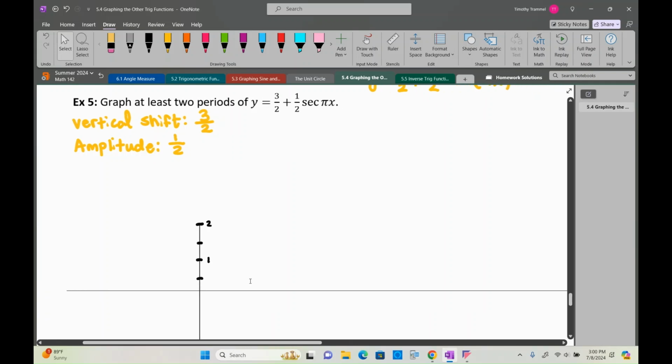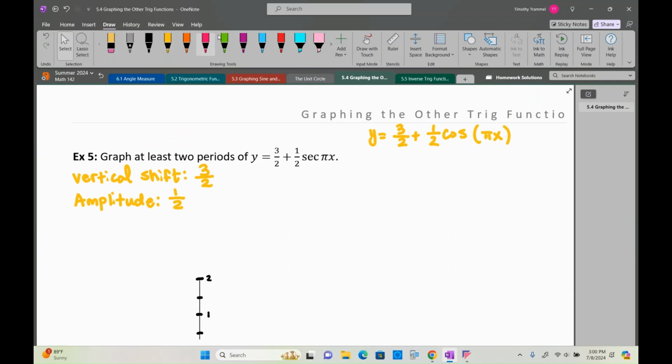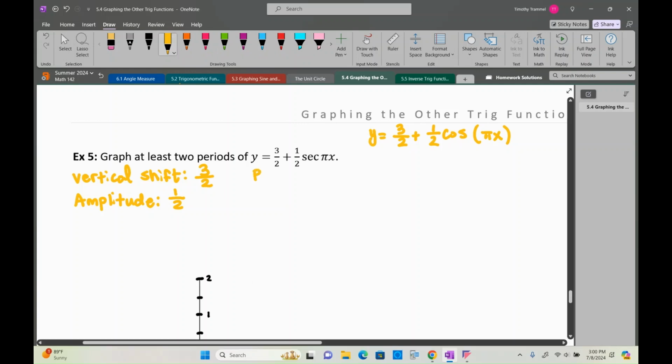So what we could do next is deal with the period and maybe phase shift if we have one. So I want us to write in our period. That should be 2 pi over b. And so b here for us is pi.